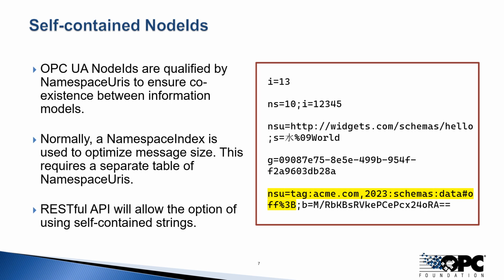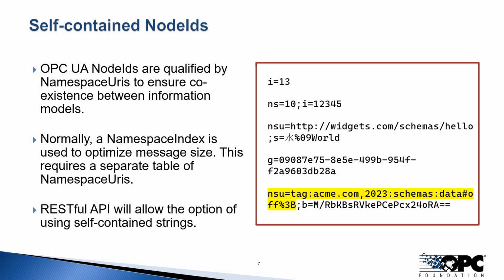Now, one enhancement we are adding to the specification as part of this effort has been a long-standing request to have self-contained node IDs. To provide a bit of context, an important feature in OPC UA is the ability to integrate many diverse information models into a single server and have them all coexist seamlessly.